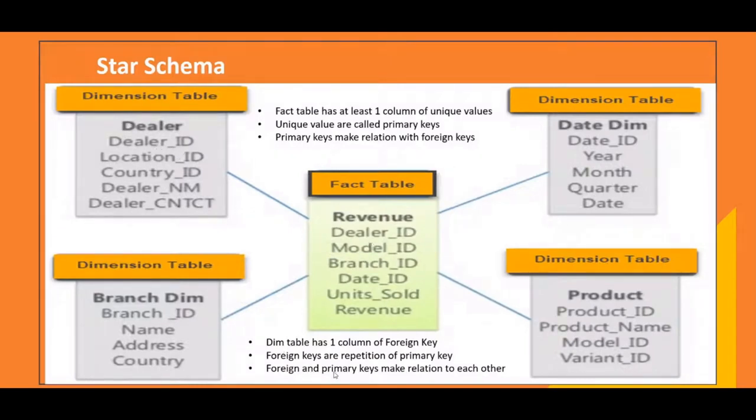This is very important to understand: foreign keys are the repetition of the primary key. So if it is here in a fact table, it is a primary key. If the same items go into another table and start repeating themselves, they become the dimension table and foreign keys. So dimension tables and fact tables are connected through primary and foreign keys. This is the concept here.